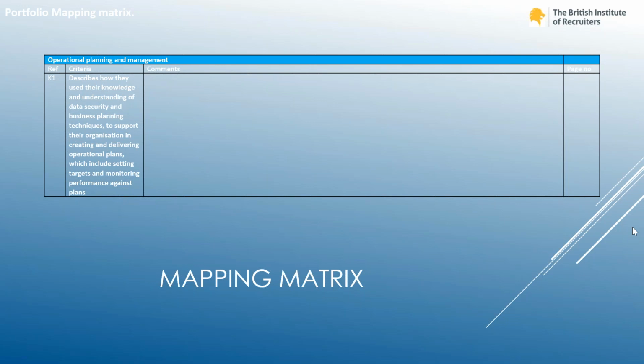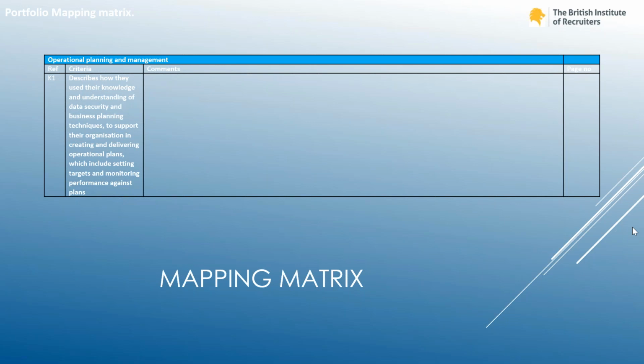Really, it's getting an understanding of where the learner's coming from and what evidence they're submitting to this portfolio of evidence. The portfolio of evidence is a document that showcases the learner and what they've been going through during their apprenticeship and how they've met the KSBs attached to this.